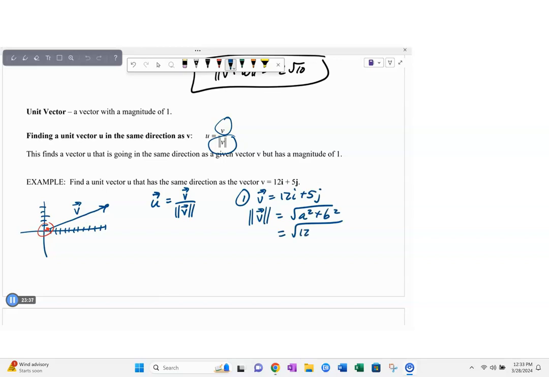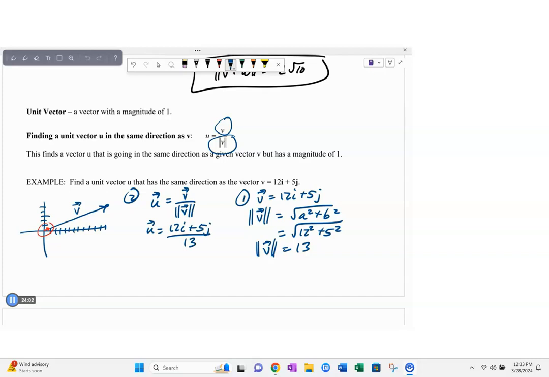So 144 plus 25 is 169, and the square root of 169 is 13. Okay, so we know the length or magnitude of vector v is 13. And now number 2, let's find the unit vector. The unit vector is vector v, 12i plus 5j, but I divide it all by its length, 13.